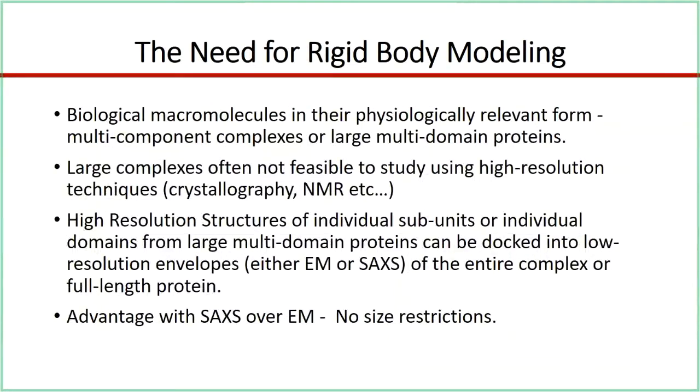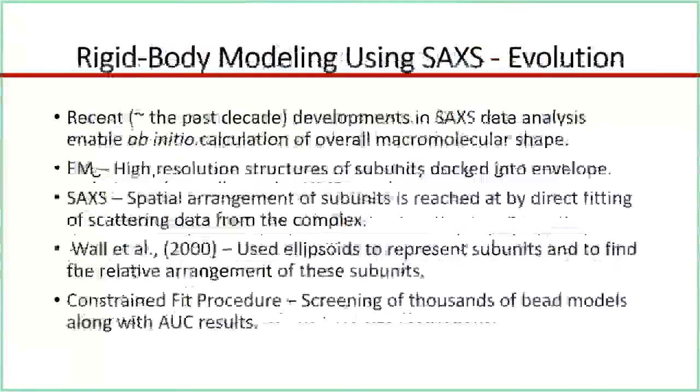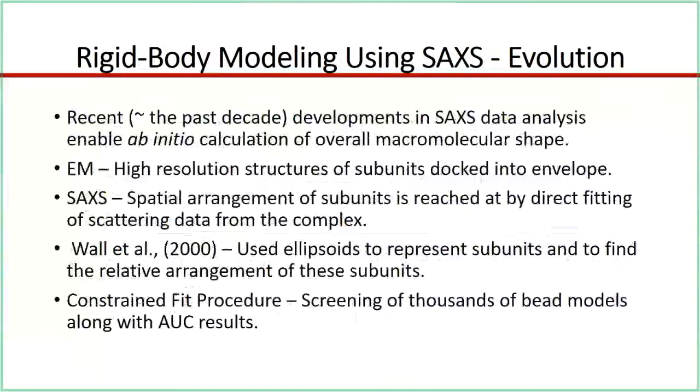The other difference between the two is that in EM, you go from envelope calculation to domain docking, whereas with SAXS, you can, in fact, fit the structures of the individual components against each other in space, directly against available scattering data.